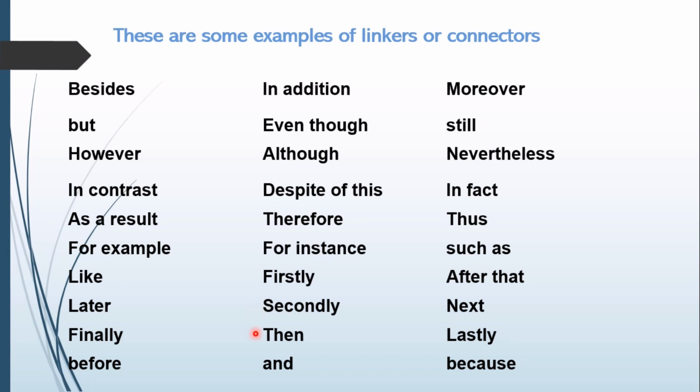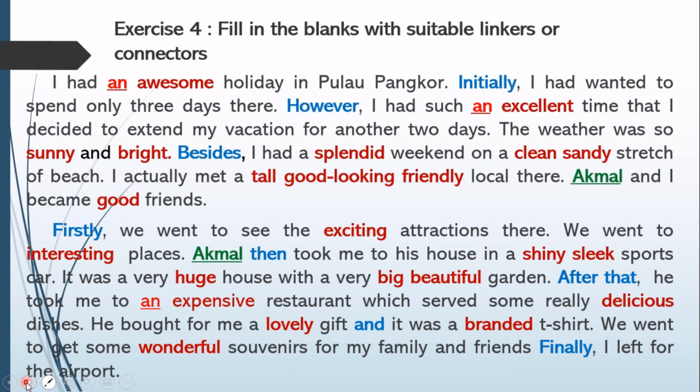These show sequence, what happens after that, what happens before that. To show reasons, you use because, or to join ideas, you use and. Right, now I've got this, the blue ones are the linkers.